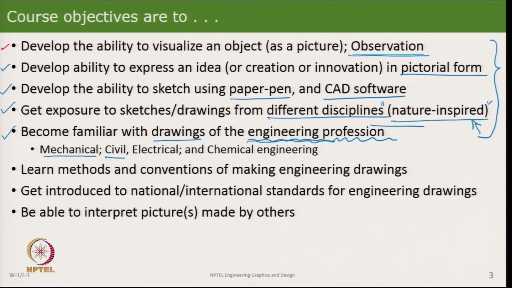We can also express a drawing to make not just an object, but say a building or a road or something like that. That is civil engineering drawing. And then there are electrical drawings, where you show wires, connections, switches, bulbs, circuits like that. And the fourth thing we will briefly look at is also chemical engineering drawings. How do I show things flowing from one place to another place, which we even call process engineering.